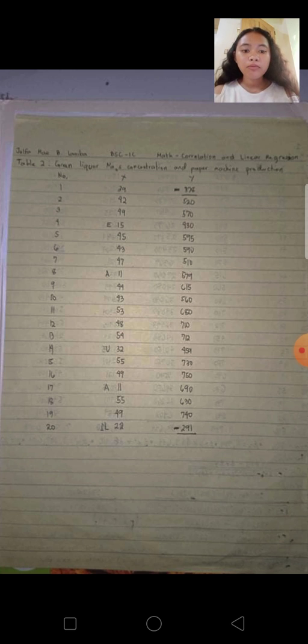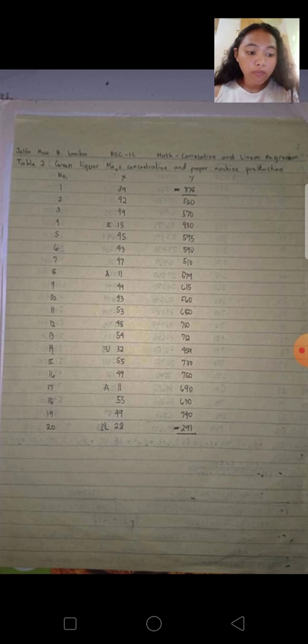Upon finding the missing variables, we should refer to the missing variables in table 3, which correspond depending on what is being asked in table 3.